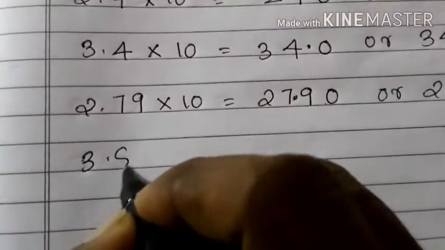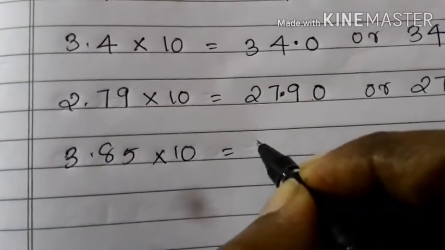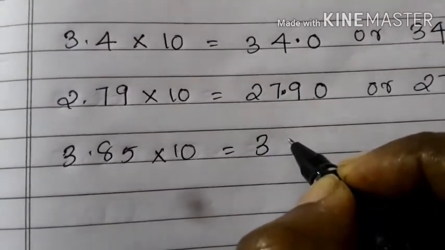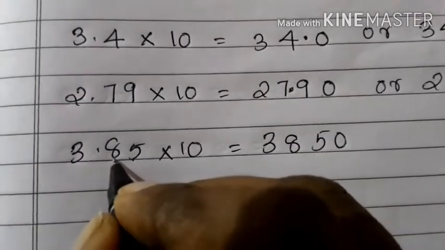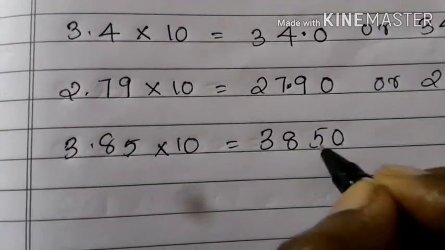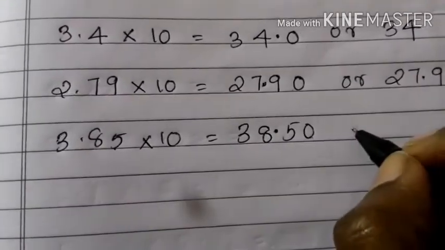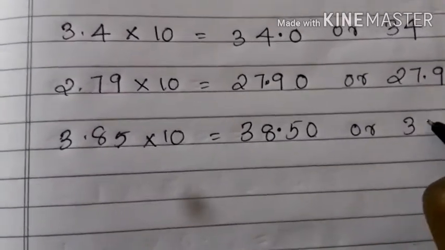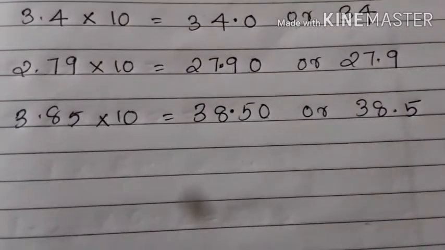Next one, 3.85 multiplied by 10. Product is 3850. Here 1, 2. So the answer 1, 2. 38.50, or it can be written 38.5.